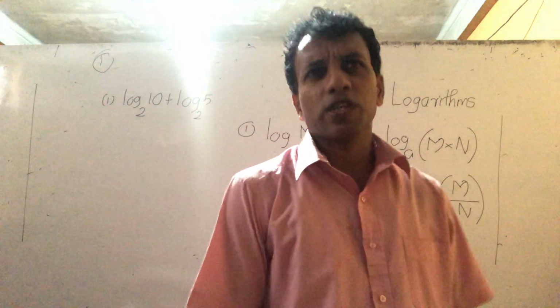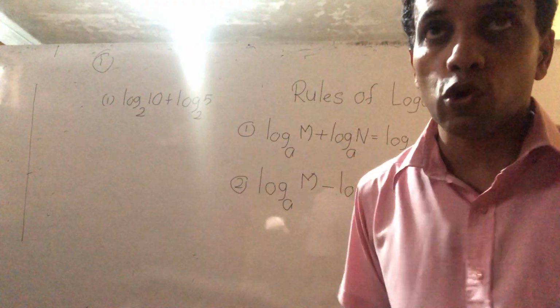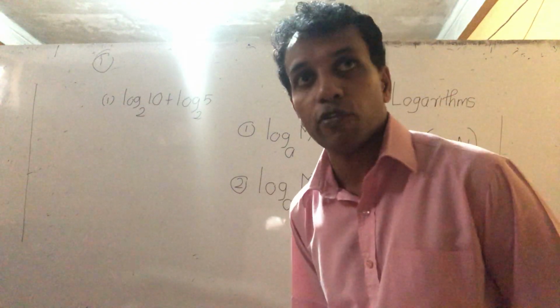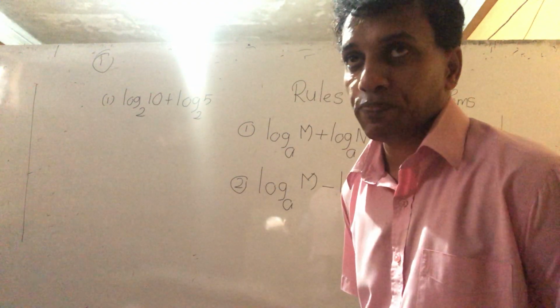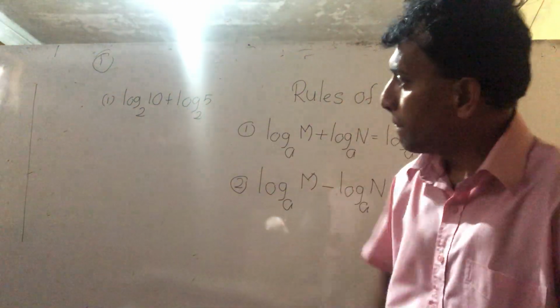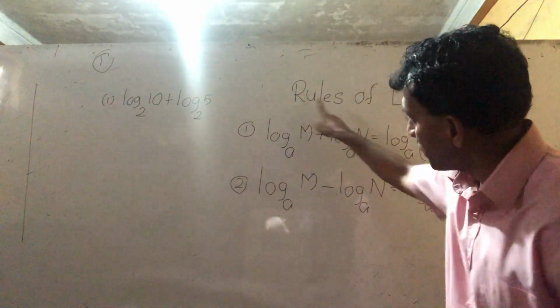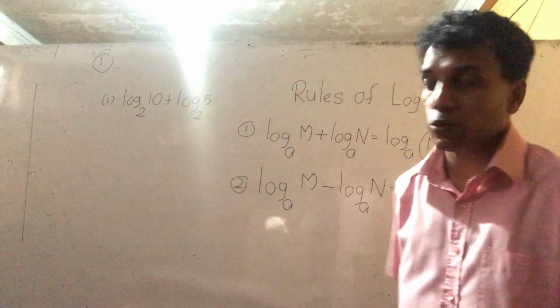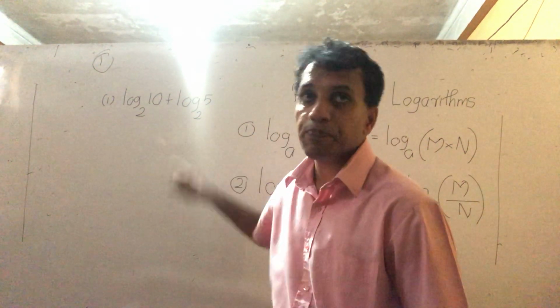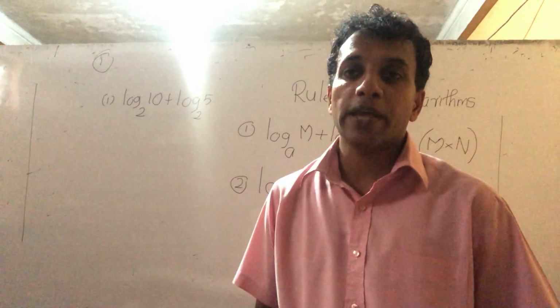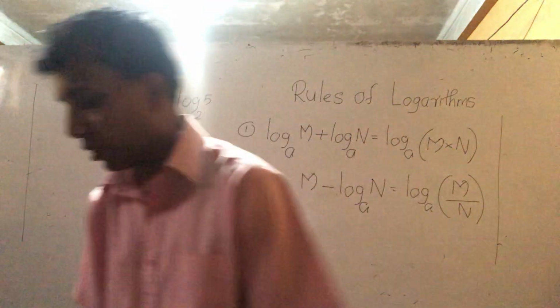See the first question. First time we're using this law of logarithm for this question. This problem depends on the addition plus symbol. So rule number 1. Bases are same, addition then multiply. So how to work that?